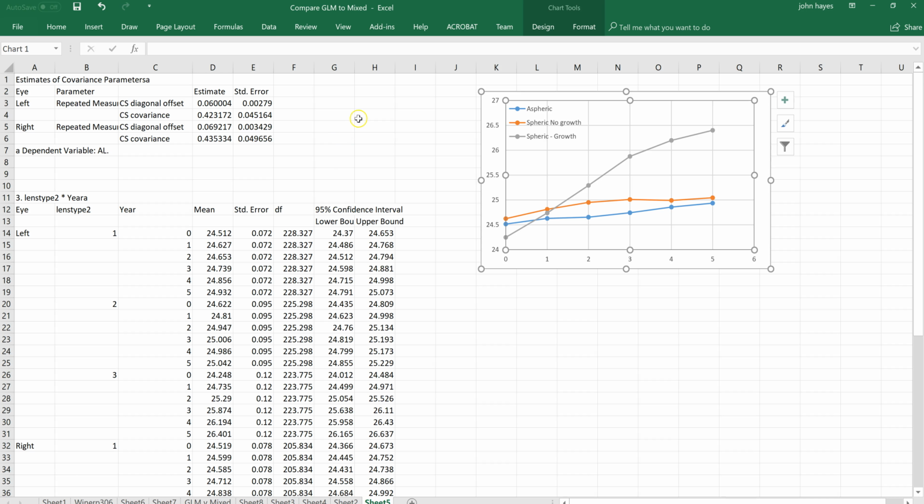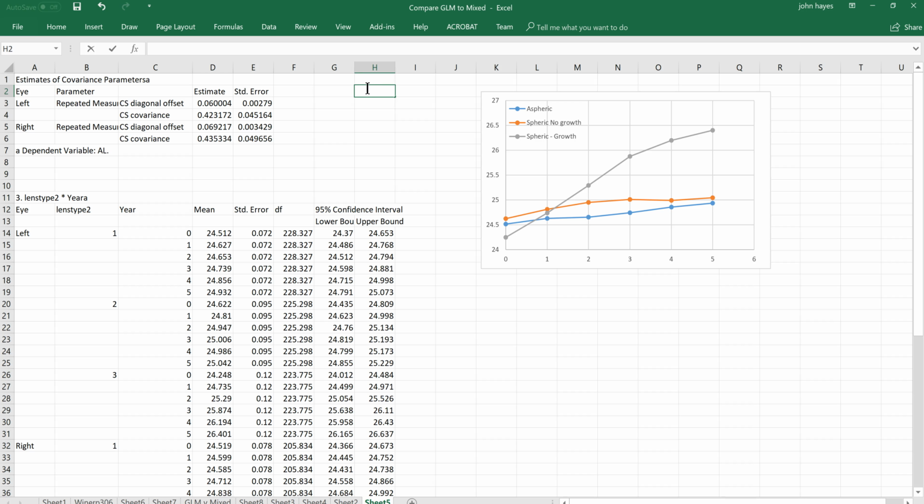Now, this is a little non-intuitive, but the way you do that is, well, it's not really sums of squares.